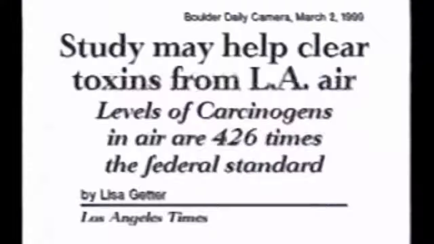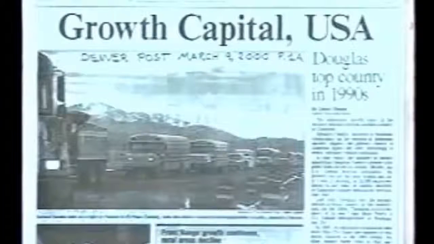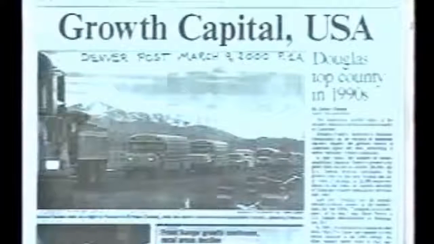Well, here's an interesting headline from Los Angeles. That headline probably has something to do with this headline. So, well, how are we doing in Colorado? The Denver Post tells us that we're the growth capital of the USA and proud of it.